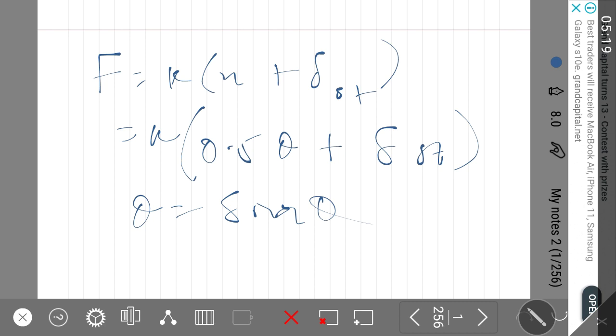So we can therefore write MA is equal to M r alpha.